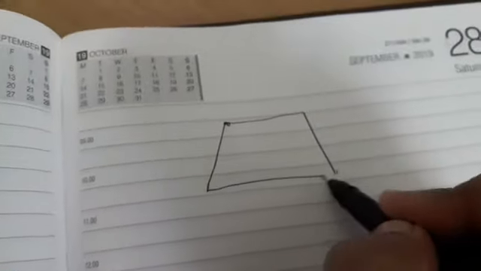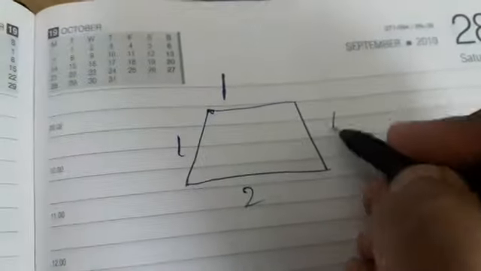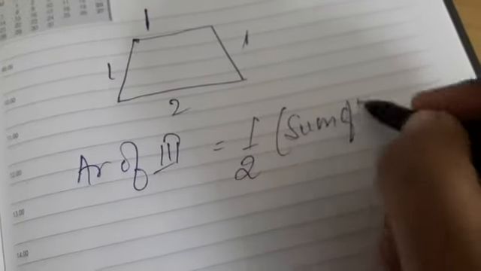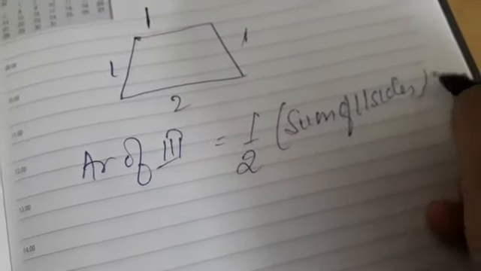Now coming to 3. Now 3 is a trapezium. So I'll show you how to do a trapezium. See, look here. In this trapezium, the parallel sides are 1 and 2, and the other sides are 1 and 1. Now to find the area of 3, we will use the formula half into sum of the parallel sides into height.